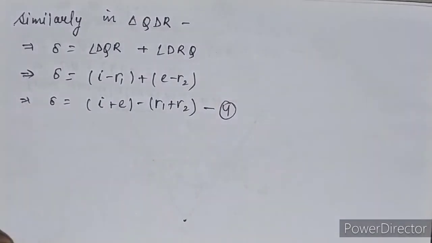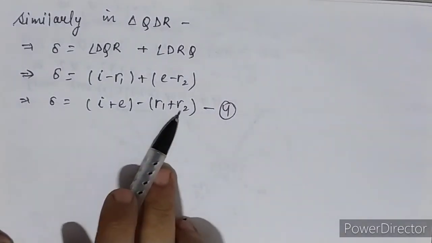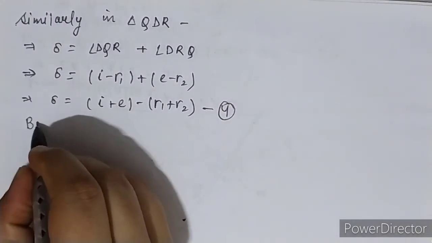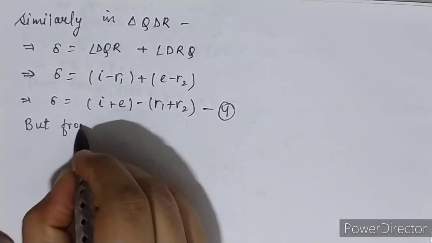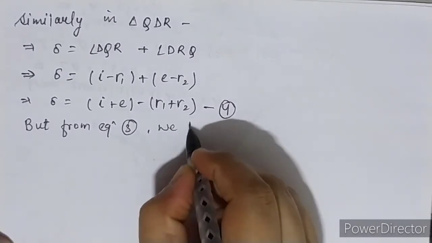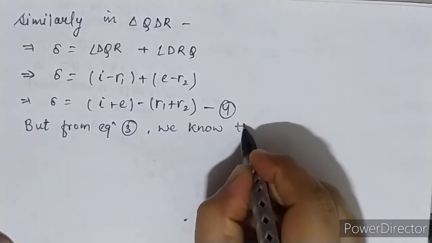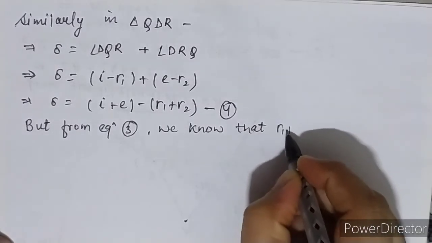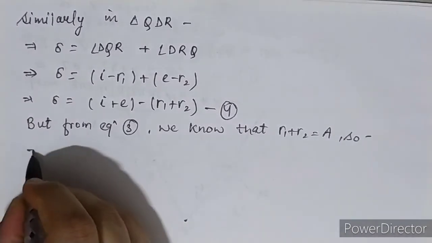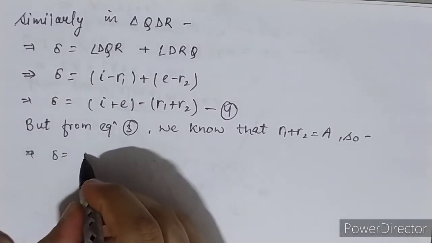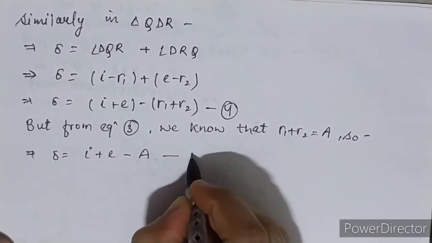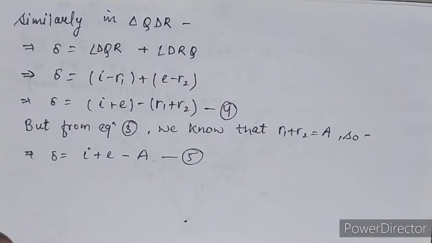But we have already solved from equation number 3 that R1 plus R2 is our angle of prism, angle A. So from which equation? From equation number 3, we know that R1 plus R2 is equal to A. So del is equal to I plus E minus A, equation number 5.